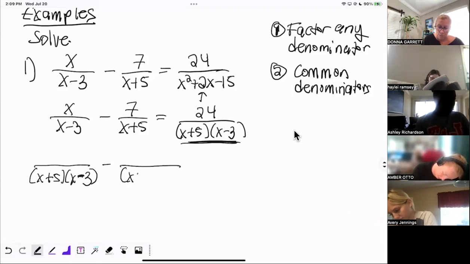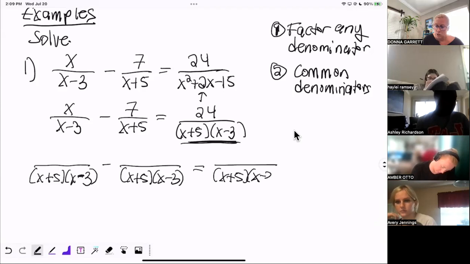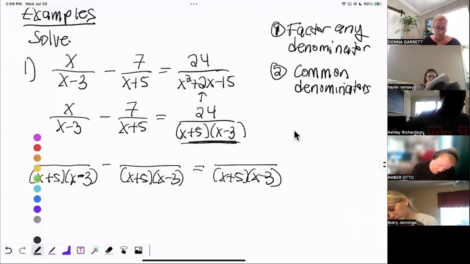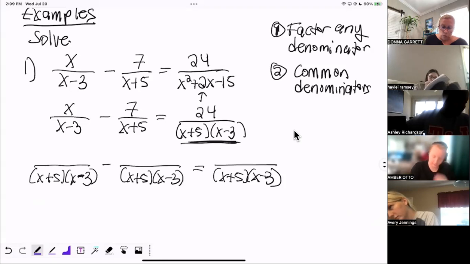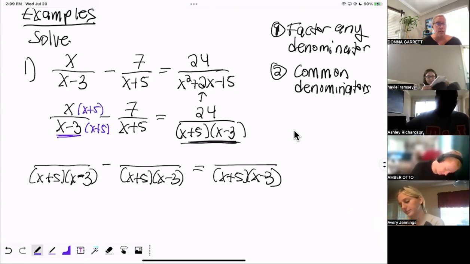That is my common denominator. Okay, so what am I missing from this first fraction? I'm missing the x plus 5. So I'm going to multiply the numerator and denominator by the x plus 5.